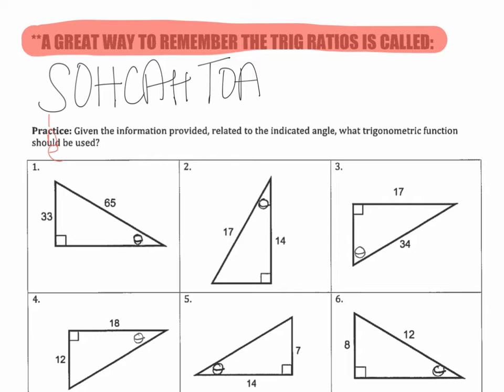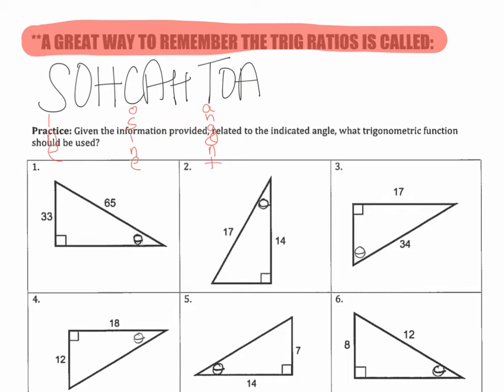The C stands for cosine, where I use the adjacent value and the hypotenuse. And the T stands for tangent, which tells me I use the opposite value and the adjacent value.